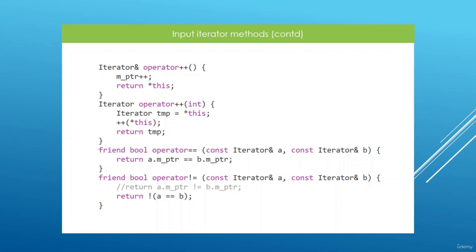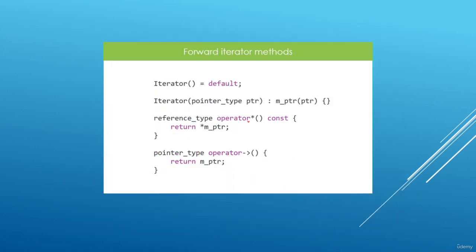We even had those operators needed by input and output iterators. We had plus plus, we had equals and not equals. We even had the dereference operator and the pointer access operator here. So if we put in all these operators, our box container is going to work even in instances where random access iterators are needed. And this is going to be really cool.